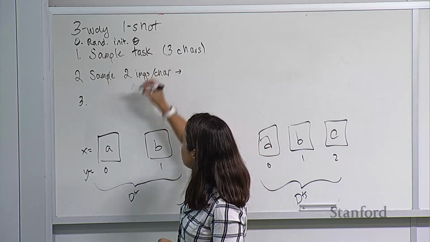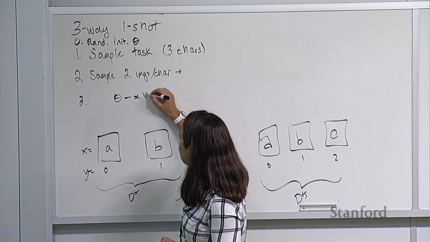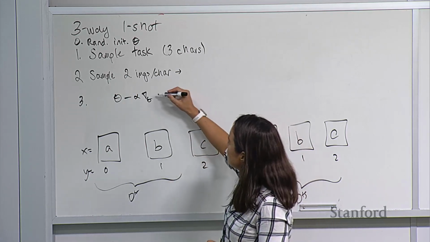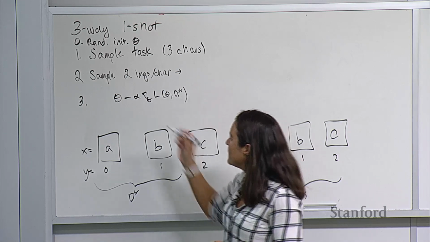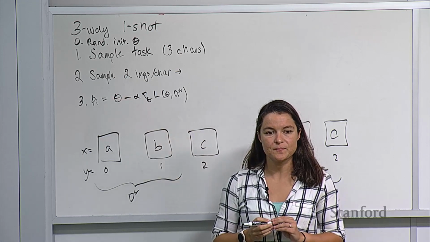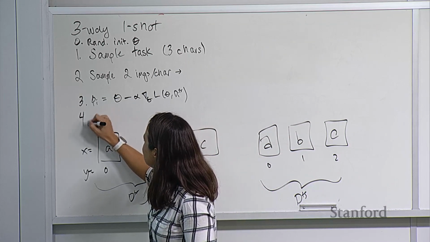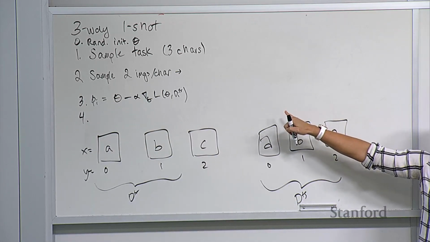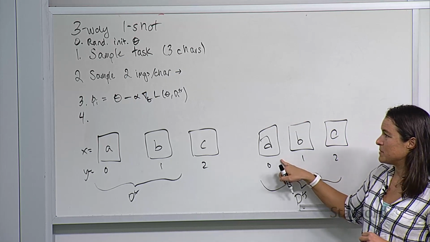So we will start with the current value of our meta parameters, then run gradient descent on our 3 training examples. I'll just write this as something like this. This will give us a set of parameters phi i. And once we have these parameters, we will then take our test examples and run them through our neural network with parameters phi i to get a corresponding prediction.